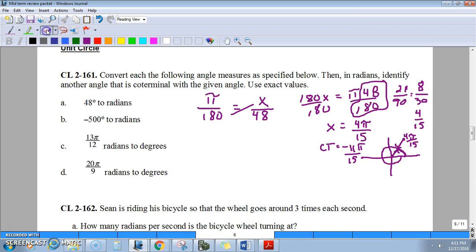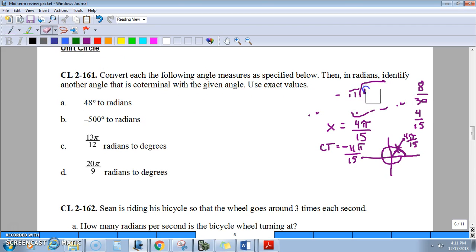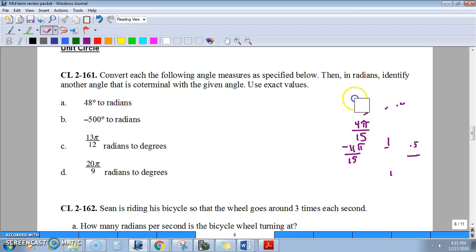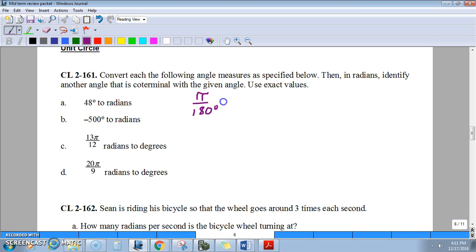Okay? And let me erase this to give us some more space. And here we go. Negative 500 degrees to radians. So it's just going to be negative. But we know pi radians is the same as 180 degrees. And if I have negative 500 degrees, how many radians is that?